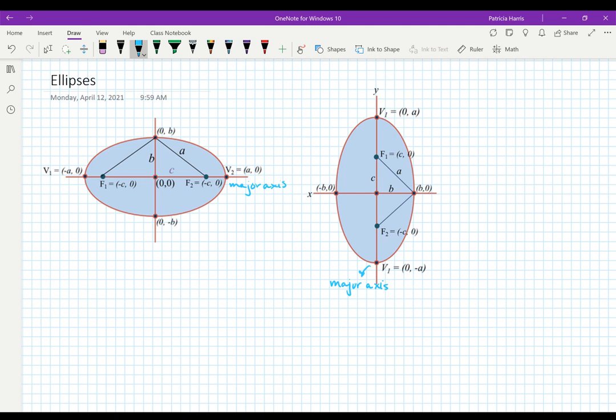The shorter one on this one is going to be the minor axis. And the shorter one on this one is horizontal, and that's going to be the minor axis. So let's mark those.